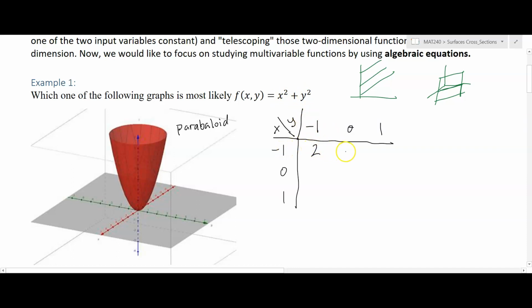If x is -1 but y is 0, -1 squared is 1 plus 0 squared is 1. Same thing here, I'll have 2 because of the square of -1 and the square of +1 added together. When x is 0 and y is -1, we get 1. When x is 0, y is 0, we get 0. X is 0, y is 1, we get 1, and a similar pattern here. Here this should be 2, and 1 squared plus 0 squared is going to be 1, and 1 squared plus 1 squared is going to be 2.